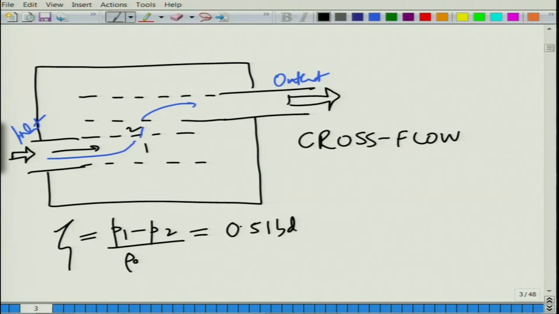Now, for this we have 0.514 d1 M, where M is your Mach number, M naught you can say, and L, and I will talk about what L means.